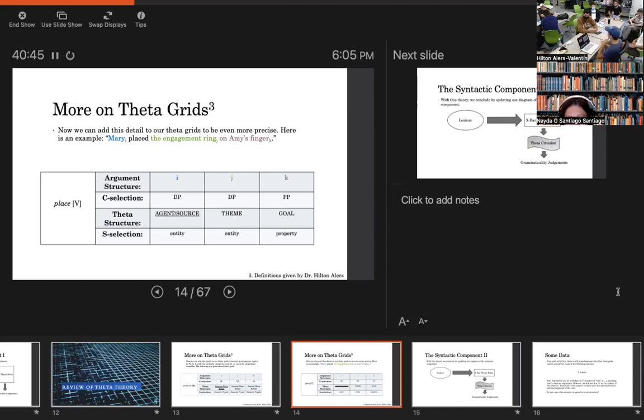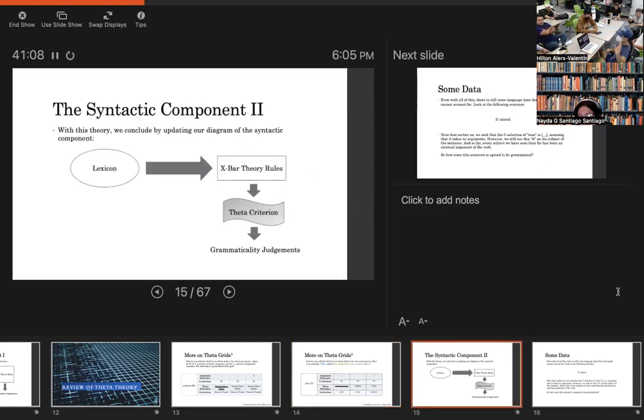Thank you. To give you an idea, we are now reaching a quarter of the way, so it's going to take us a couple of sessions. With this in mind, now that we have a better idea of the theta grid, we're going to add this to our previous syntactic system, which before just had the lexicon, the X-bar rules, and the solutions. Now the syntactic system uses the lexicon to produce sentences via the X-bar rules.